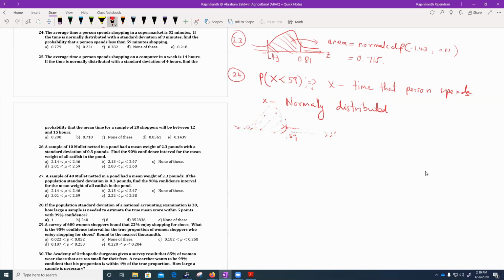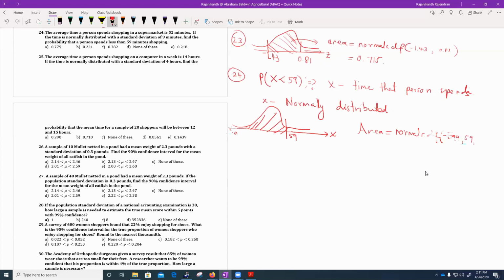Remember, if you are asked to find area, you have to use normal CDF. Since x is normally distributed, it is the normal CDF function. My left bound for this area is negative infinity, so that is negative 99, and the right bound is 59.